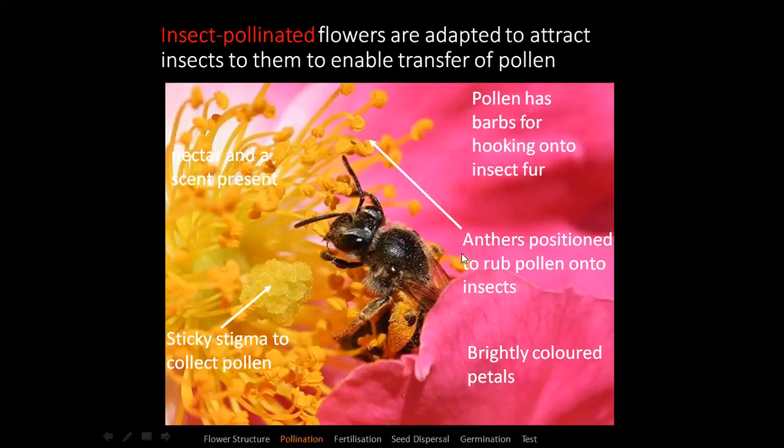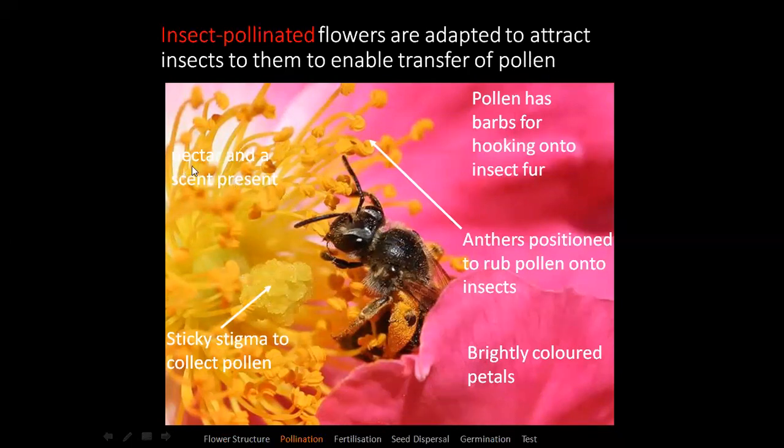The anthers are positioned inside the flower, so that they rub the pollen onto the insect, which will transfer that pollen grain. And the pollen grains of these flowers have certain hooks, spikes or barbs, so that they stick on the insect easily.